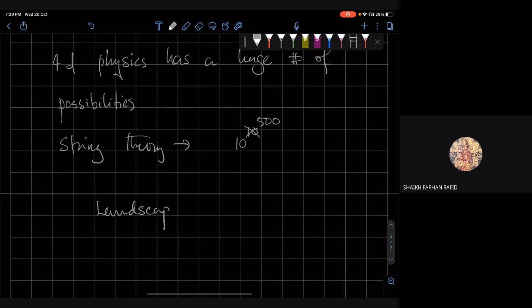Now, there are some possible solutions to the landscape problem, and one of them is the anthropic principle, although it's not a very elegant solution. The anthropic principle has to do with, for example, suppose that someday we are able to travel to different planets in our own galaxy.